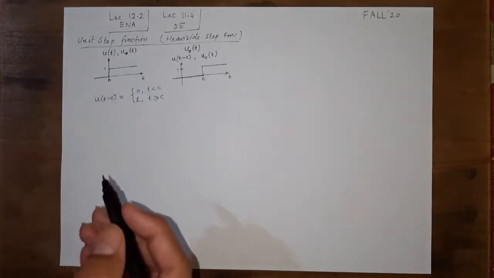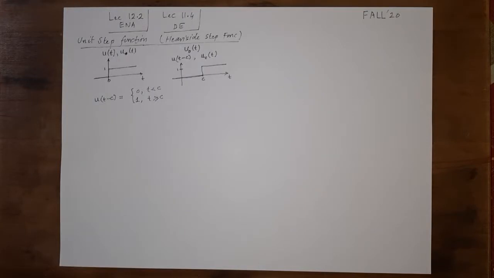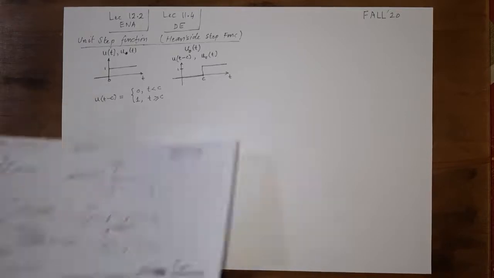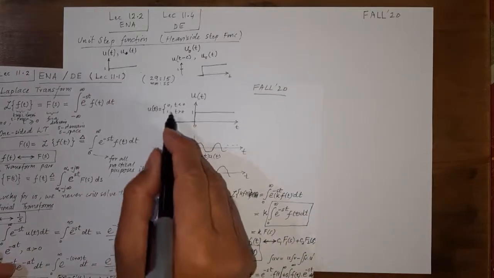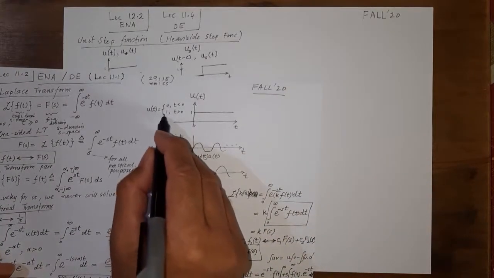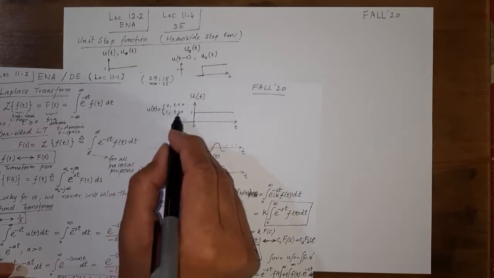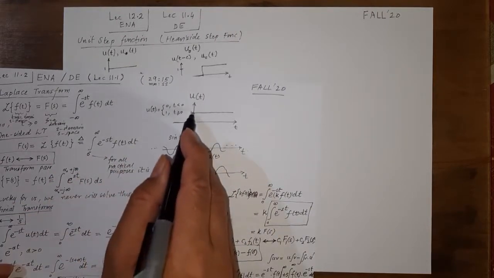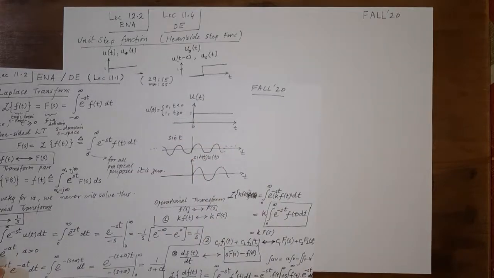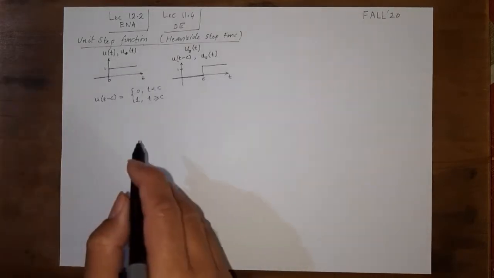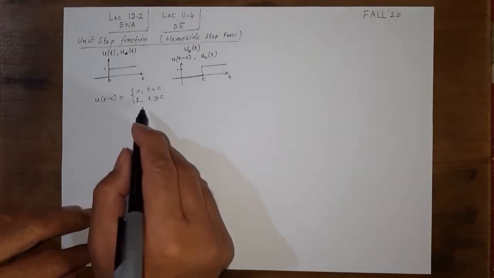In lecture 11.1, the differential equation lecture, I mentioned that it is not defined at t equal to 0, and that was not correct. Please correct it. At the jump it is considered to be 1. So this is the correct piecewise description.